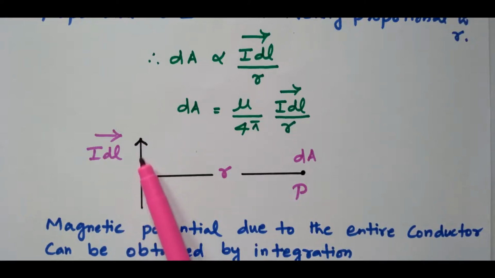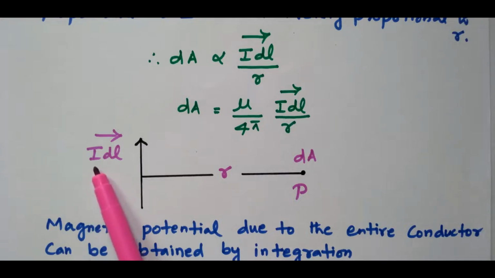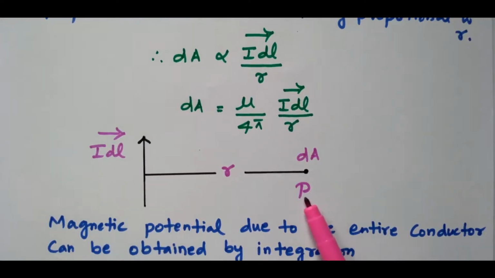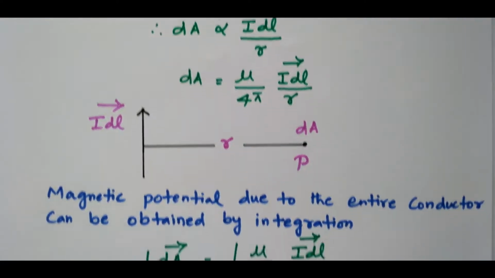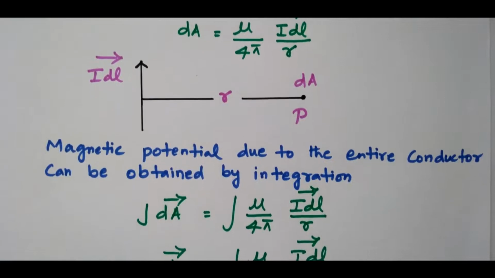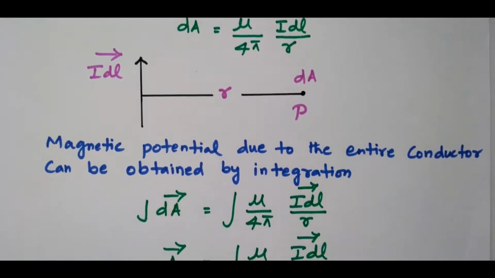The current is flowing through the conductor and a magnetic field is produced. This conductor is assumed to have so many current elements. We consider only one current element. The magnetic potential due to this current element at point P, located at a distance r meter, is dA. The magnetic potential due to the entire conductor can be obtained by integration.